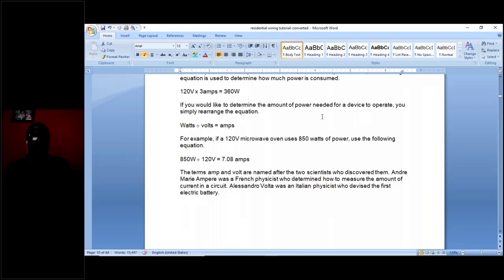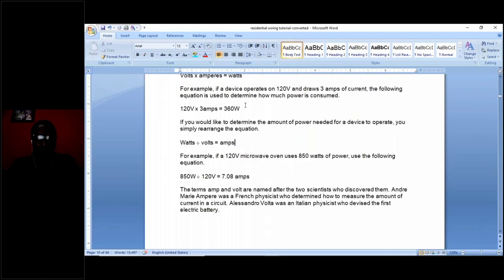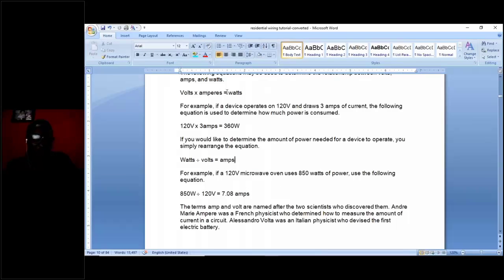If you would like to determine the amount of current needed for a device to operate, you simply rearrange the equation. Let's say you know the amount of power the device consumes and the voltage passing through it, and you now want to know the normal amount of current passing through that device. You can just rearrange your equation. You know that your volt multiplied by your current gives you your power.